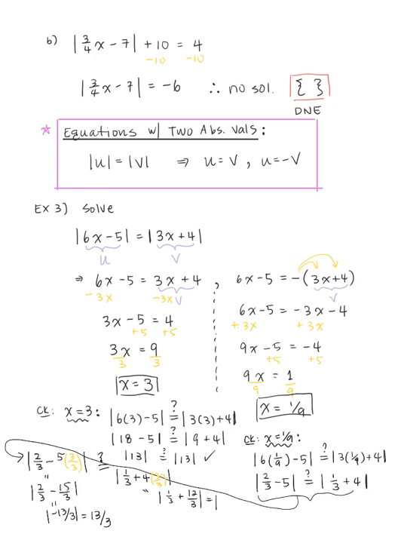So this is the absolute value of 13 over 3, which is 13 over 3. So they match. Oh my gosh, this is the ugliest work ever. So this was the left-hand side of the absolute value equation, and this one was the right-hand side. So it checks. So let's write down the answer. Therefore, our solution set is 3 and 1 over 9. And there's our answer.